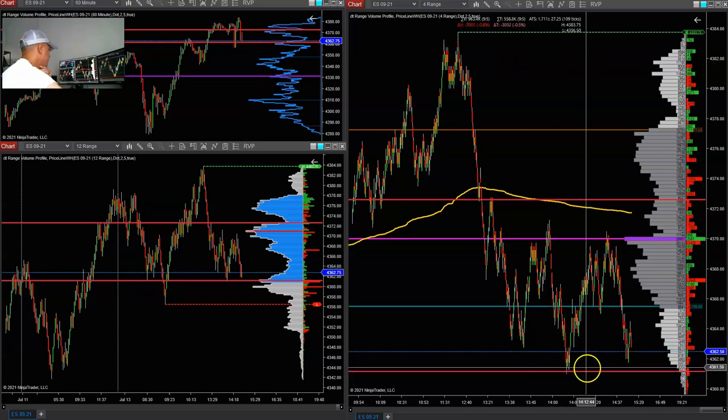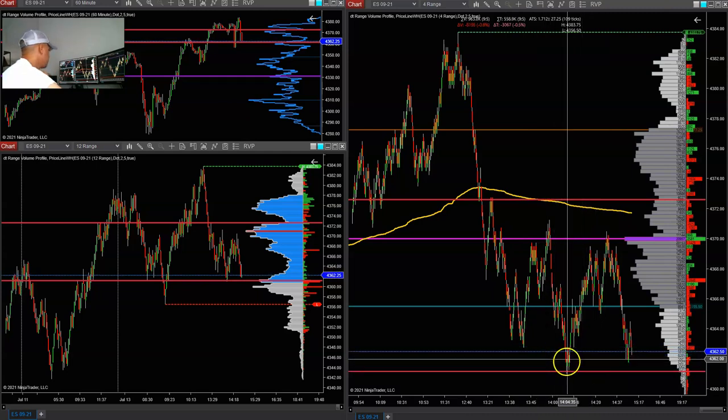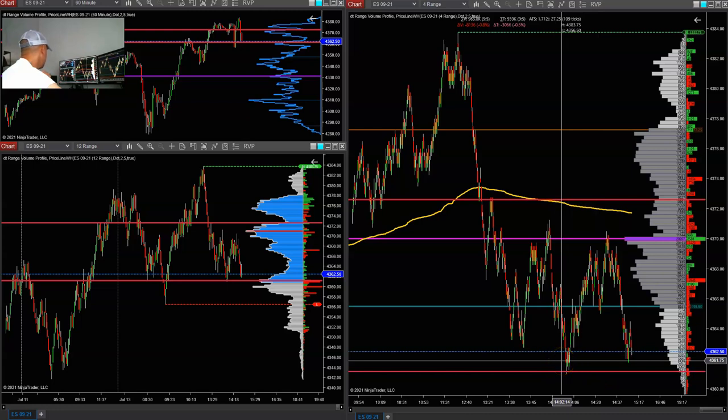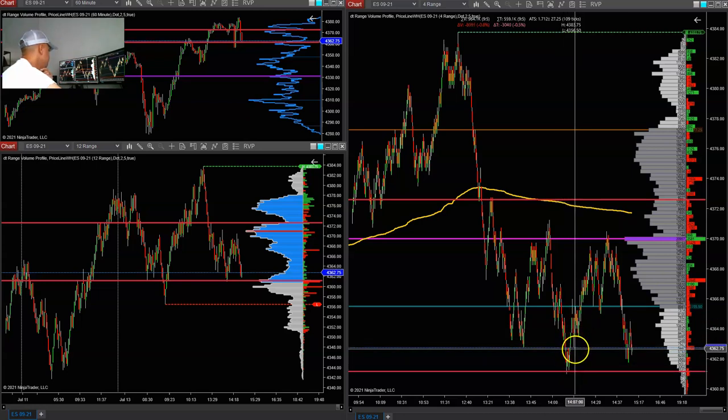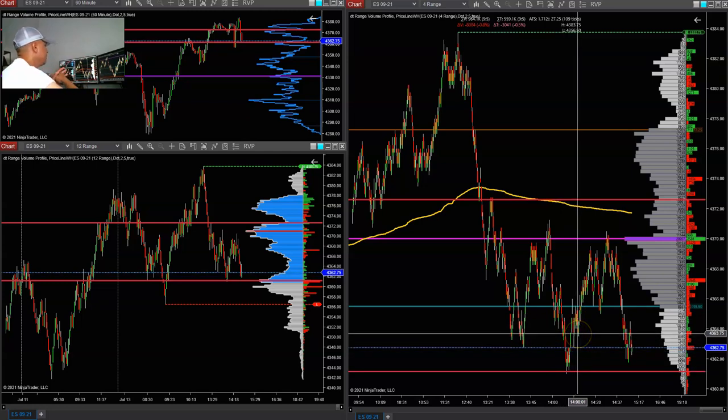And this red line I have marked here, as I said earlier, is a level that price did react at, at basically 2 o'clock today. Yeah, it's a level where price reacted at.